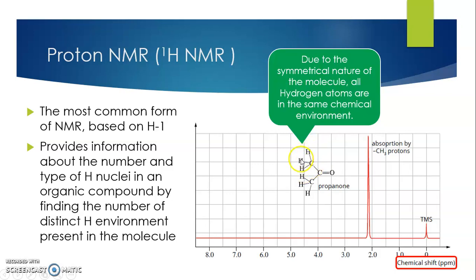So each and every single one of them is connected to 1 carbon that's right next to a carbonyl group. If you look on this side, you'll see a similar pattern. So although we have 6 hydrogens here, we actually only have 1 hydrogen environment. As a result, the proton NMR spectrum for propanone will only have 1 peak.